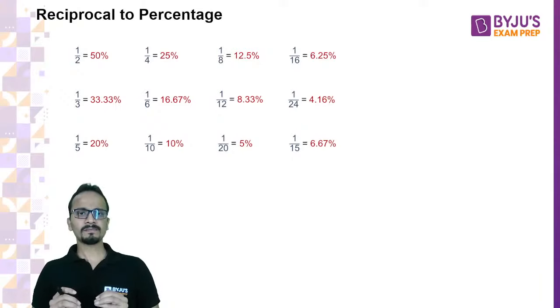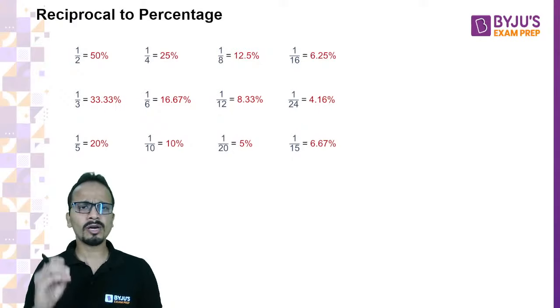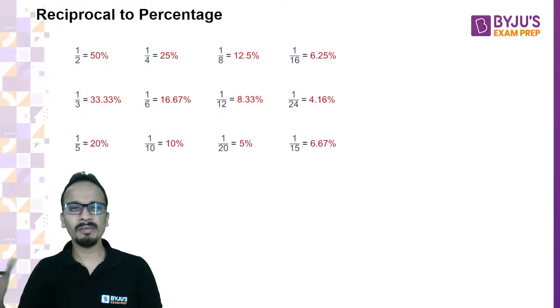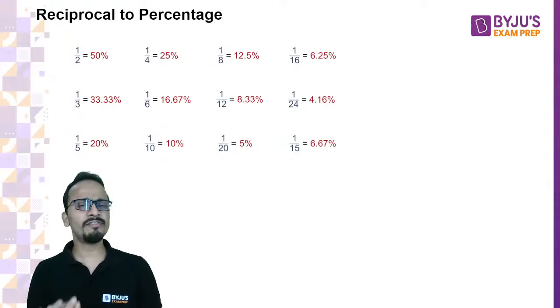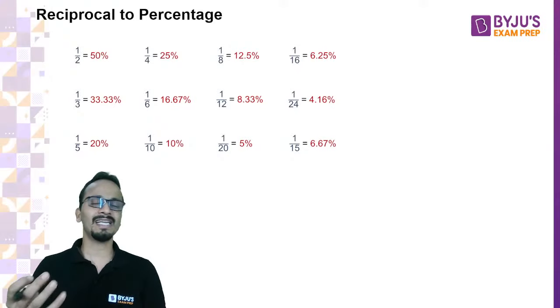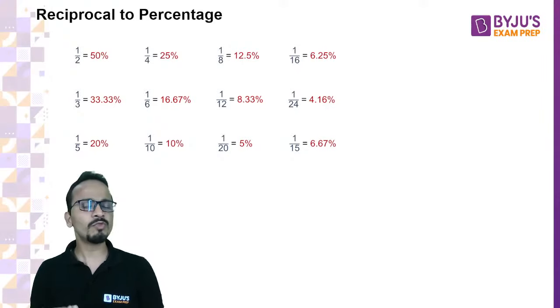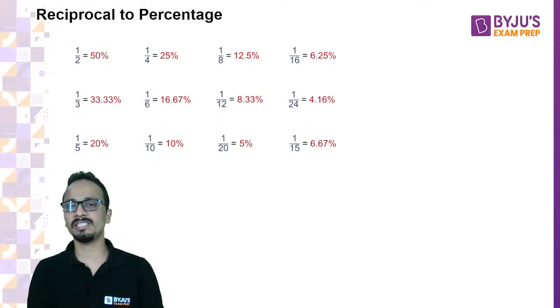Now, what we do is we try to cram all these values independently. Friends, there is no limit to these fractions. If you start cramming all these, definitely you will learn them in a matter of 10 or 15 days, but it will be difficult for us to retain these numbers.